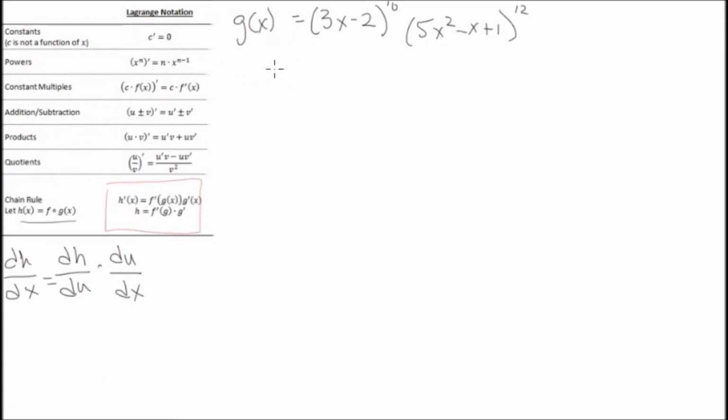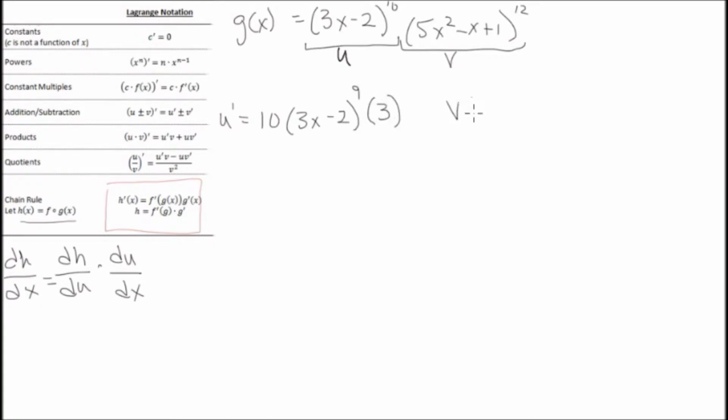All right, so I look at the first term here. I am going to call this u and call this v. And I'm going to say that the derivative of u is equal to 10 times (3x - 2) raised to the 9th times 3.